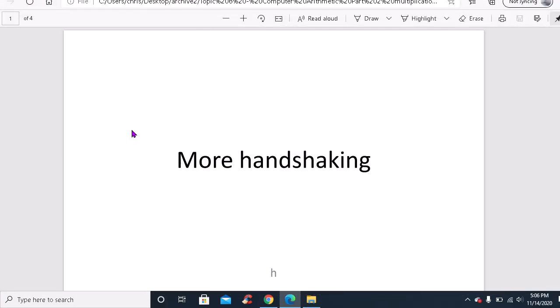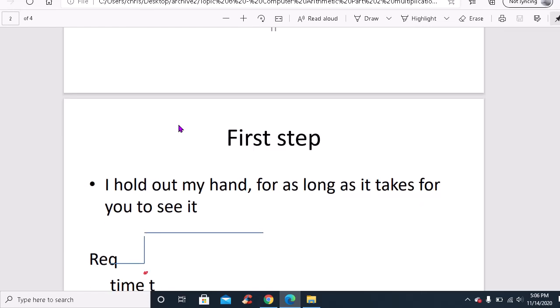I want to spend a few more minutes on handshaking. I've shown you a very complicated set of waveforms representing a full handshake. I'm just going to summarize it here and explain what's going on.